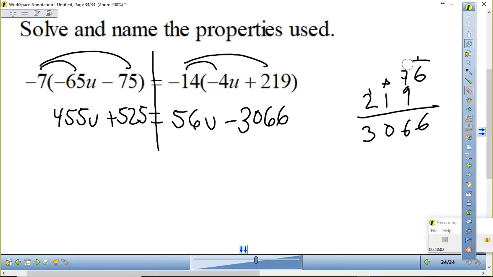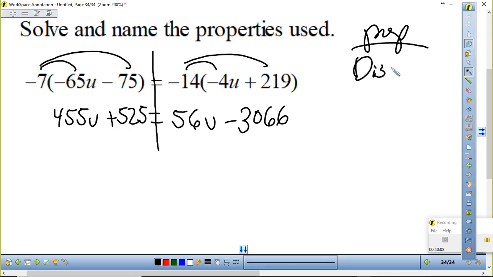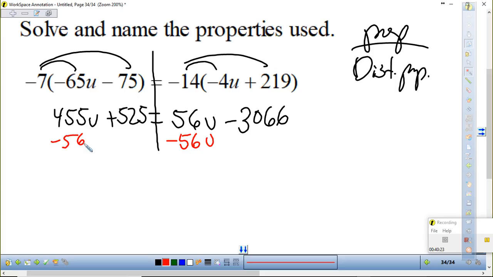What's our property? Let's write our properties as we're working these through. Property. Distributive property. All right, next. What do I do from there? Subtract 56u, subtract 56u. So it's subtraction property of equality.